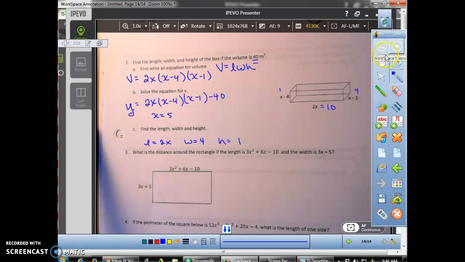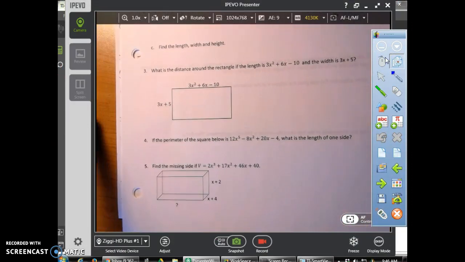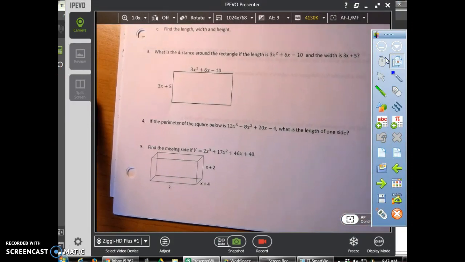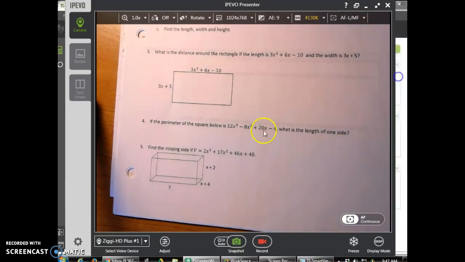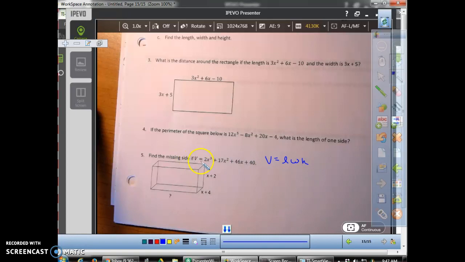So make sure you know how to do a problem like that. And let me show you another one that's really important. Number 5 here. I know 2 dimensions, but I'm missing the third one. If I had length times width times height, it's giving me this entire function here.